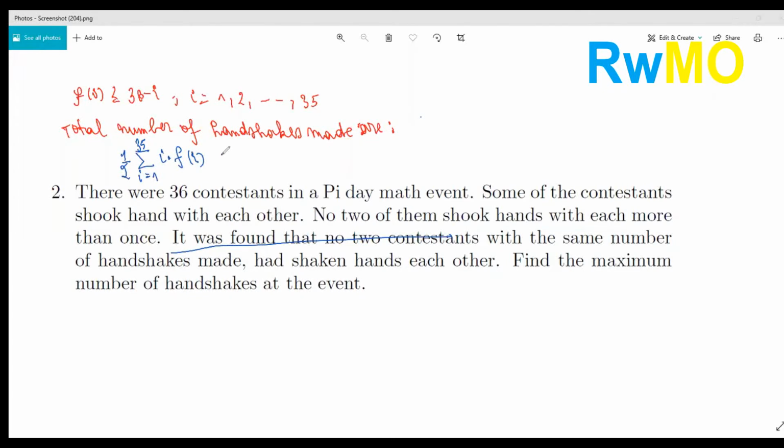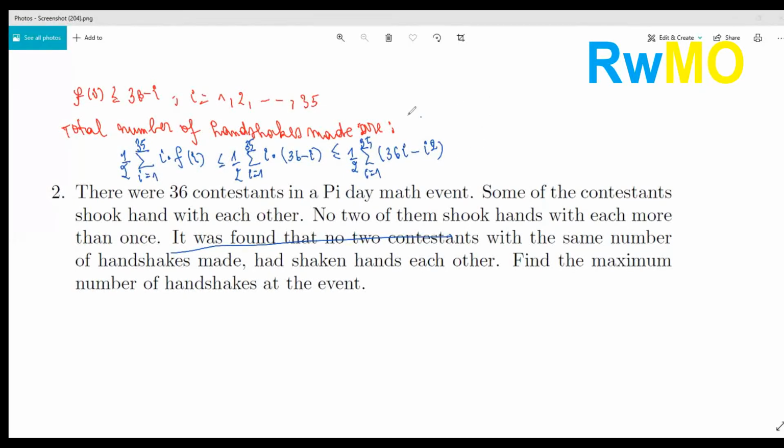So this sum is at most 1/2 times the summation of i going from 1 to 35 of i times f of i, where f of i is 36 minus i. This is less than or equal to 1/2 times the summation of i going from 1 to 35 of 36i minus i squared.